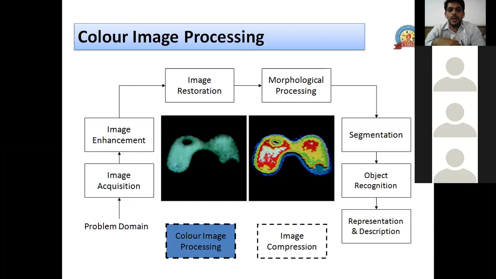Okay. So a color image is nothing but a three plane image. The first plane is red color, the second plane green color, and the third plane blue color. When we combine the intensities of these three colors, we get all different colors.